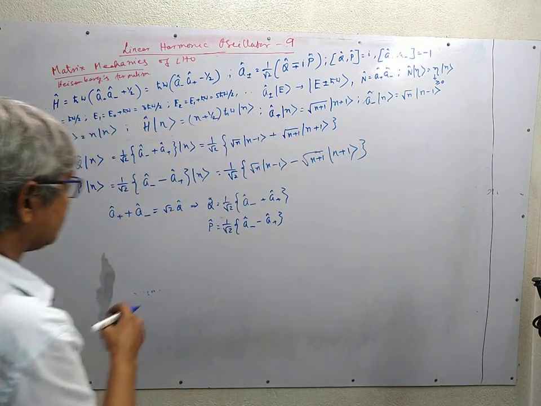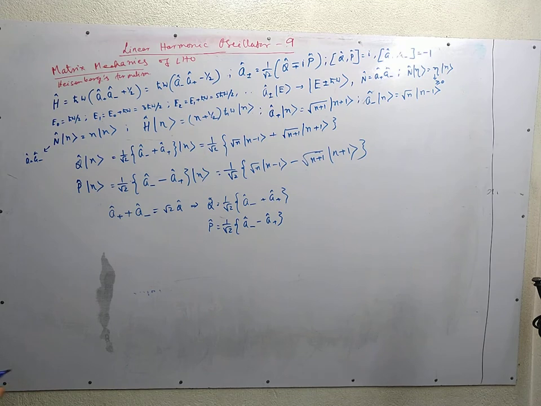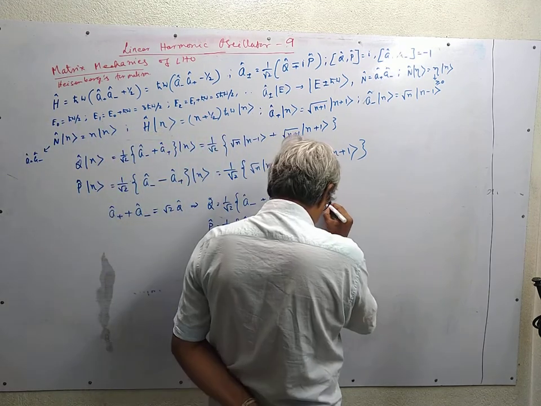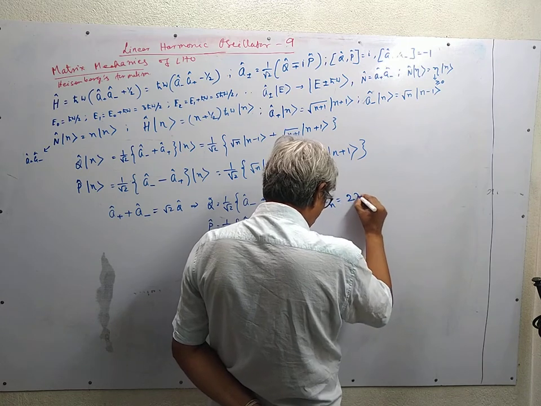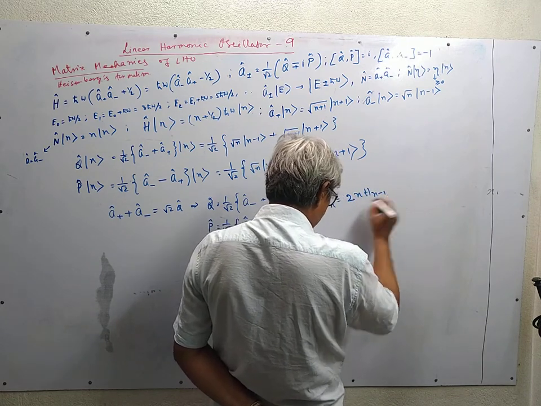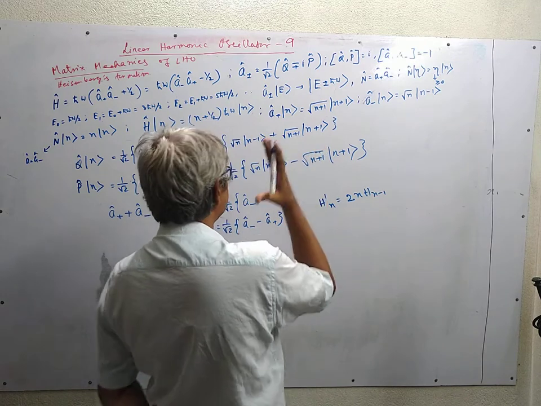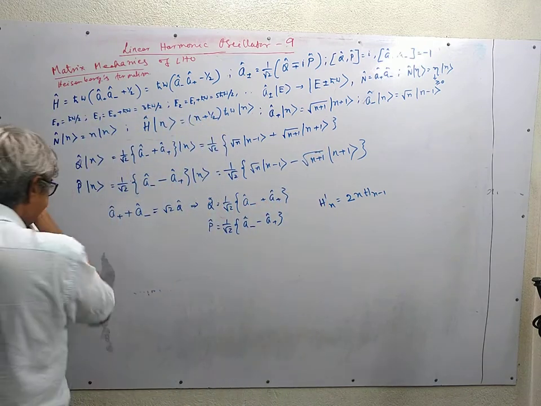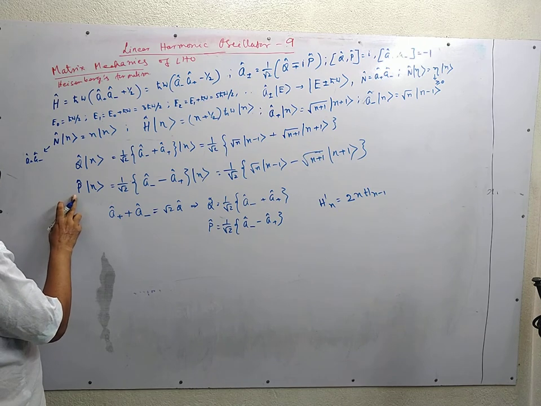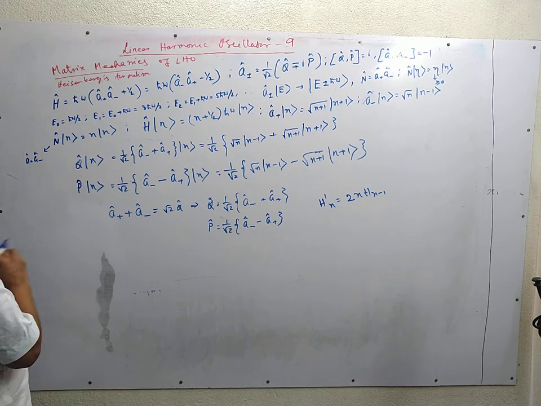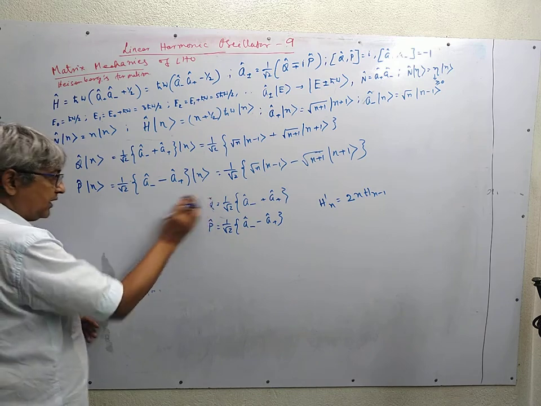This relation we arrive at from the property of the Hermite polynomial, that is H n prime of x is equal to 2n H n minus 1 of x. This relation has been obtained from entirely other considerations, and this is my del x, basically del q.